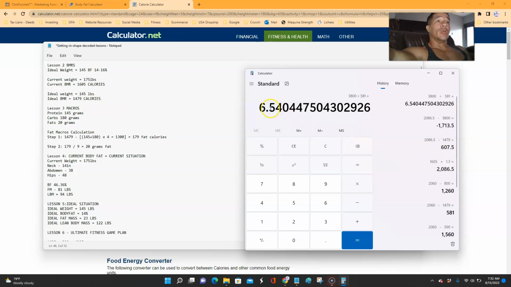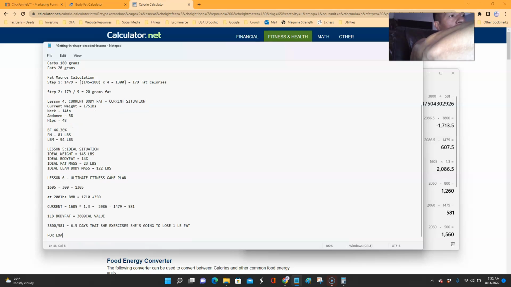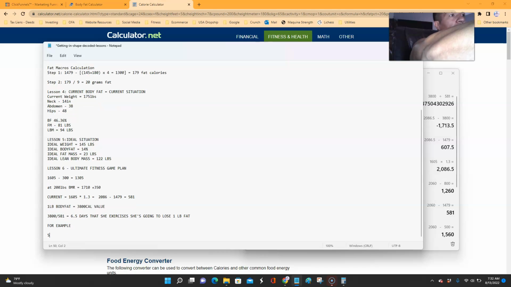Let's say, for example, she exercises 5 days in a 7-day week. So let's create a game plan for this person. Every 6.5 days that she exercises, she's going to lose 1 pound of fat. So for example, let's say she trains five days per week.